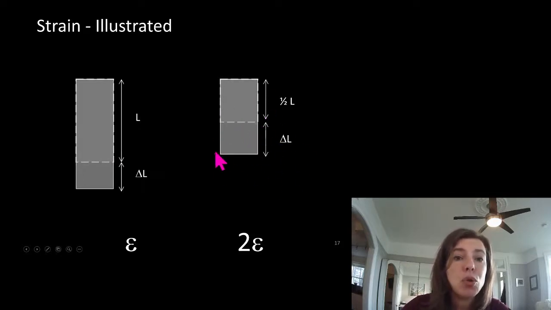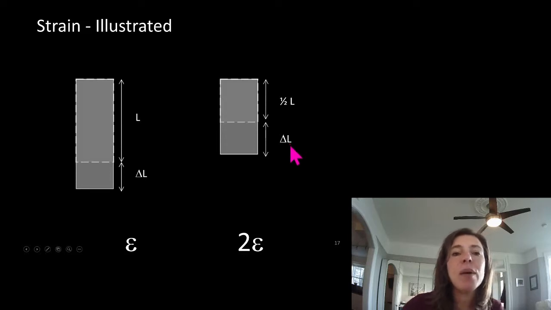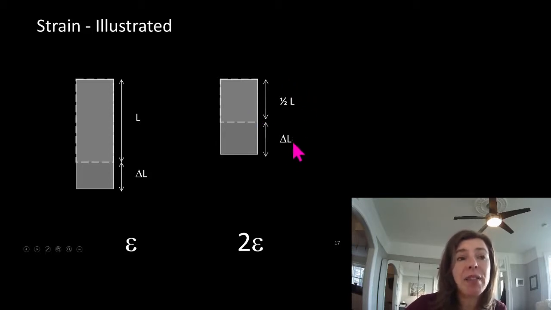It deformed twice as much. Even though that was a bad way to word that. The amount it changed was the exact same, but we're talking about strain, which is how much does it move, or basically how easily does it move. And this moves twice as easily because half the length moved the same amount.